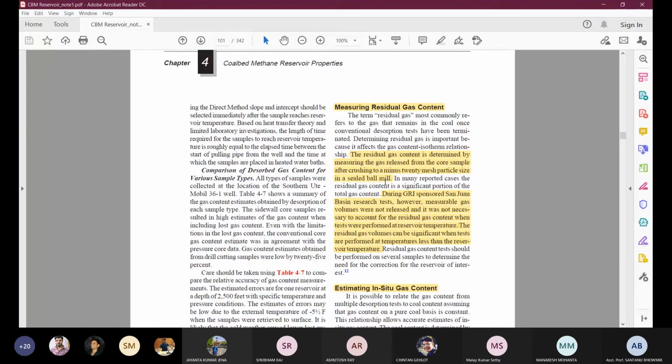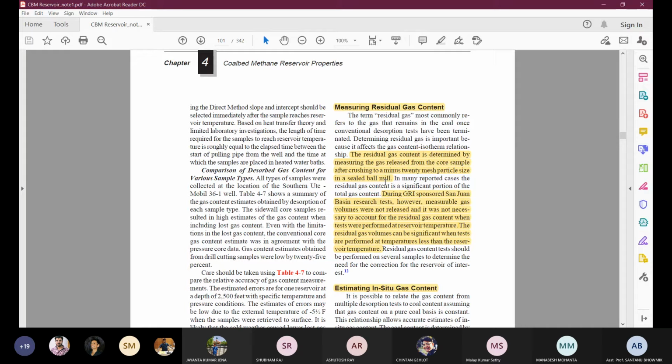It is observed in laboratory experiments and in field studies that after the desorption canister test, when you have estimated the lost gas content and measured the dissolved gas content, and then measure the residual gas content, a significant amount of residual gas comes from the broken rock.